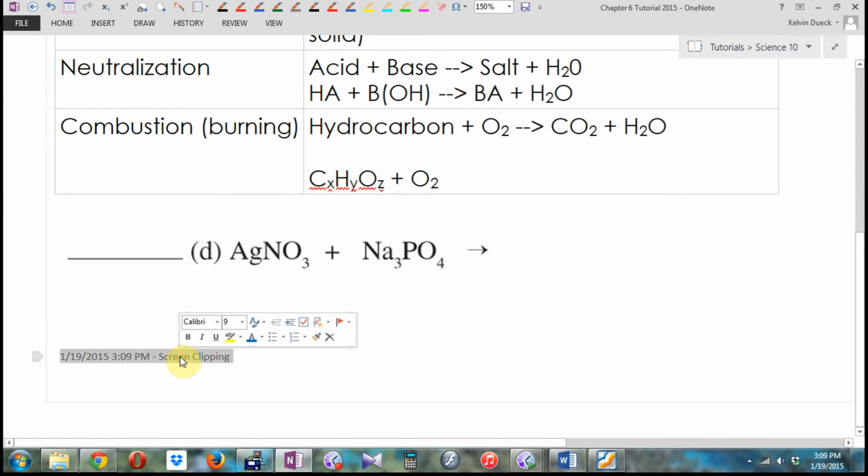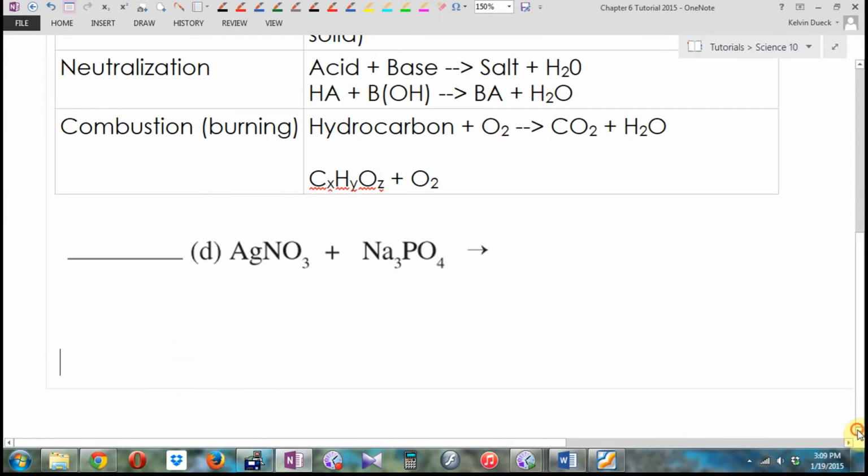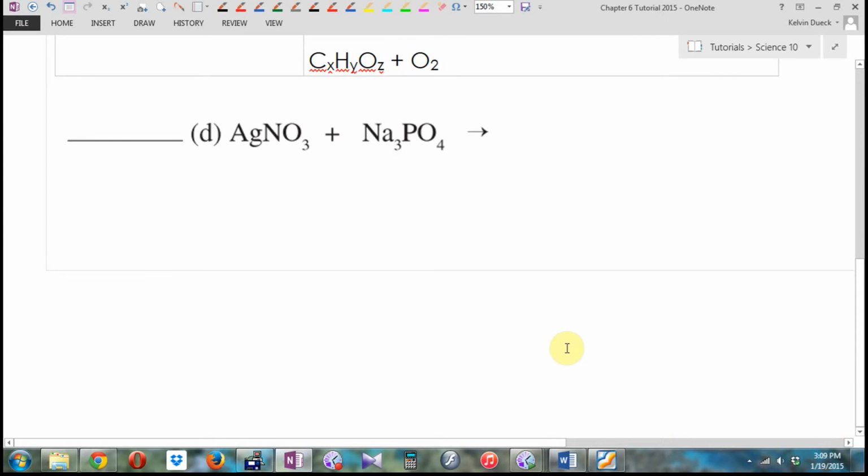First question. What kind of reaction is this? Is it a synthesis? No. Are we burning? Is it combustion? No. Okay? It's either double replacement or neutralization. If it was neutralization, what would I see here? Acid and base. Okay, so it's a double replacement.